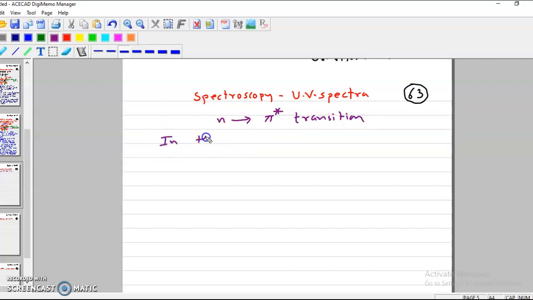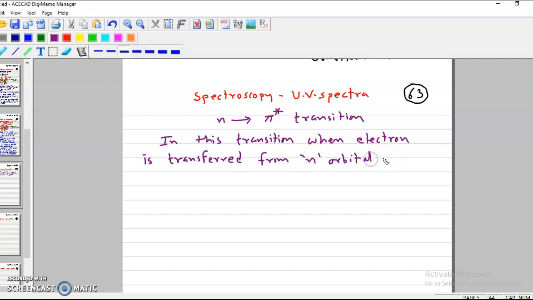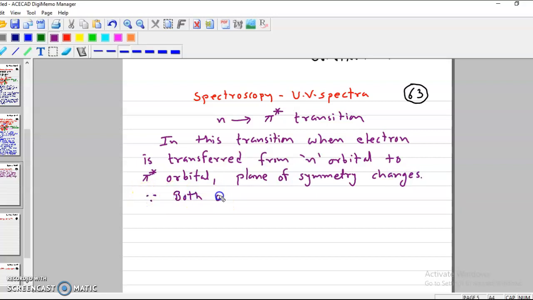When an electron is transferred from the n orbital to the pi star orbital, the plane of symmetry changes, because both are in different planes.